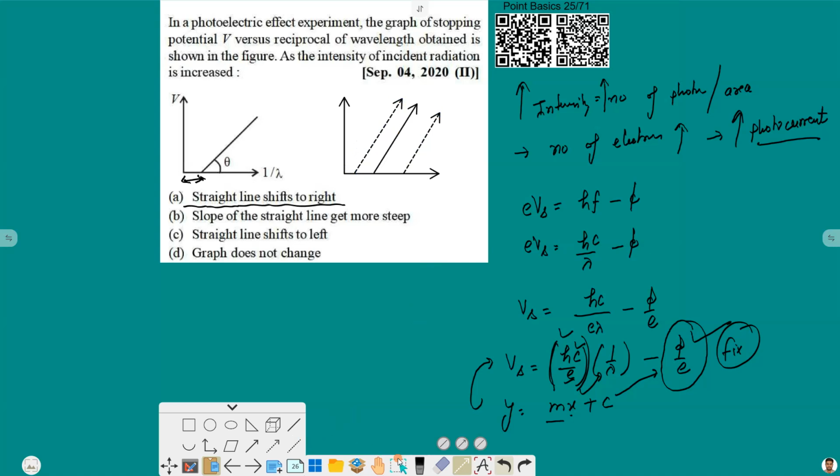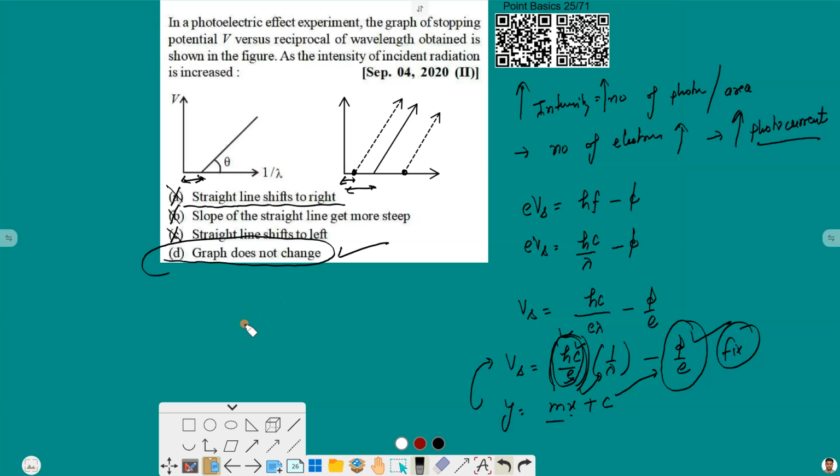Due to this shifting, the value of the intercept will change. Here intercept is increased and here intercept is decreased, and we already discussed that intercept is fixed, so it is neither going to shift to right, nor to the left. Now the slope of the straight line gets more steep, and we already know that slope is constant here, so slope is not going to change. So only option D is possible, that is graph does not change, is the right answer.